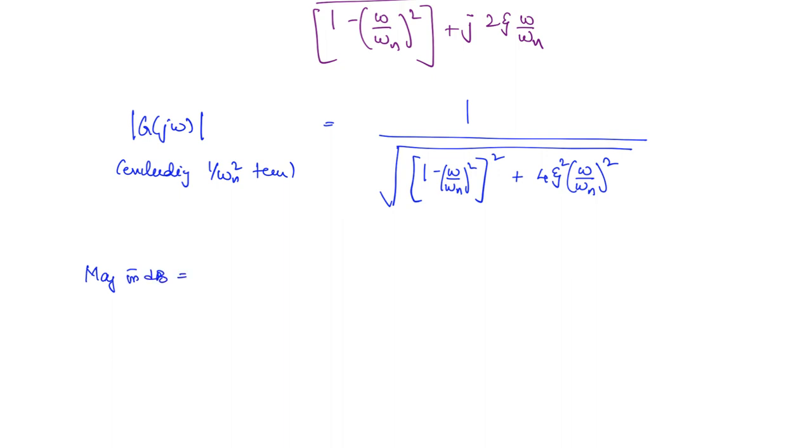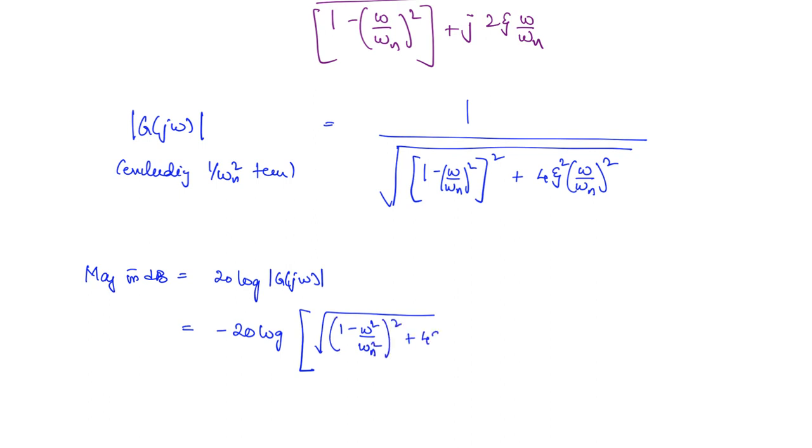This is going to be 20 log G(j omega). So you are going to get minus 20 log of 1 minus omega square by omega n square whole square plus 4 zeta square omega square by omega n square. Here you will have to do some approximations, just like in the case of simple pole or simple zero.